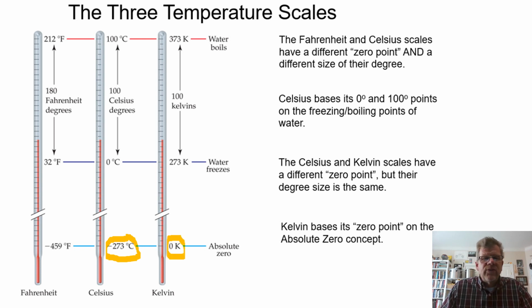And that would be at minus 273 degrees Celsius, also known as 0 kelvins, absolute zero. Remember, as we decrease in temperature of a sample, the particles' motion slows down more and more as we approach absolute zero. And if we were to attain absolute zero, that is where all particle motion stops. And that is a physical impossibility.